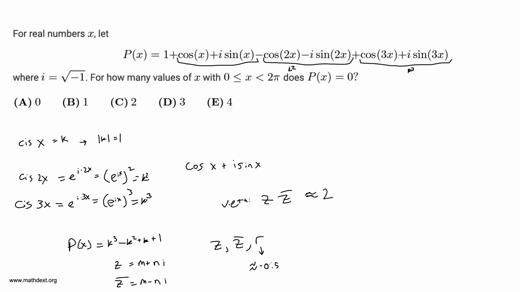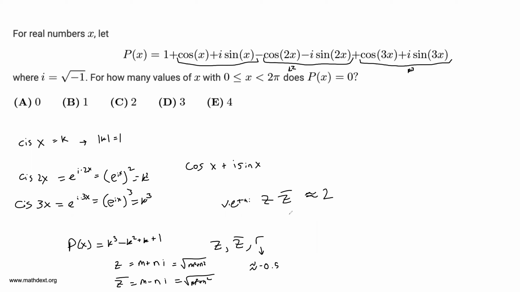So k must be either z or conjugate of z. However, think about it. Z and the conjugate of z both have the same magnitude, because this magnitude is the square root of m squared plus n squared, and this magnitude is equal to the square root of m squared plus n squared again, which means that z and z conjugate have the same magnitude.